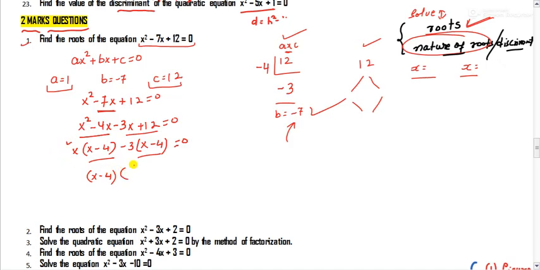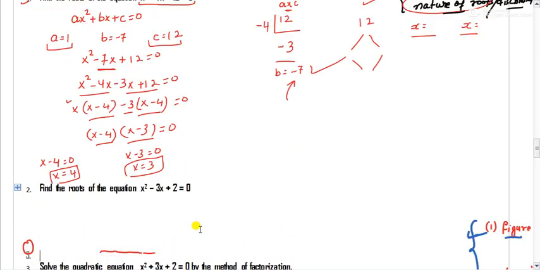The remainder here is x, and here it is minus 3, which equals 0. Now equate both to 0 and you will get the value of x. X over here is 4 and here it is 3. Any doubt in this? Everyone, are you getting it? Okay, fine.